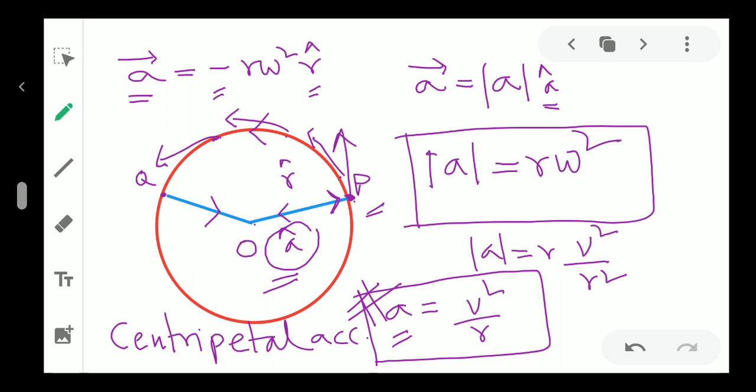Now you will say, sir, then why do we feel that the stone wants to go away, that means outward, why do we feel that? That we will study in the next chapter, when we will be talking about forces, why you feel that it wants to go outside. That is what you are feeling, right?